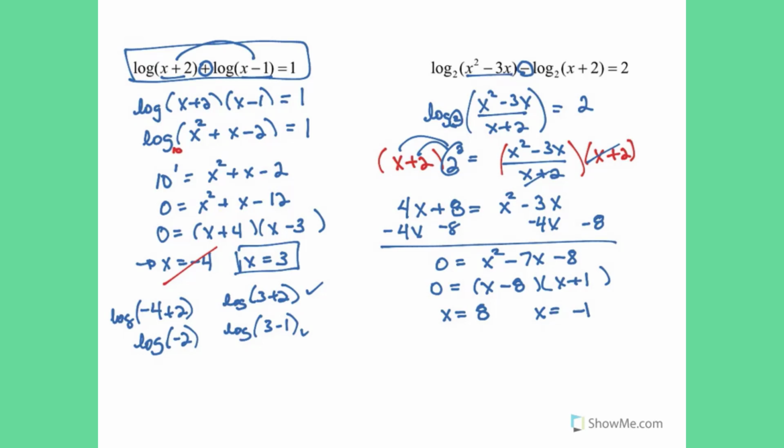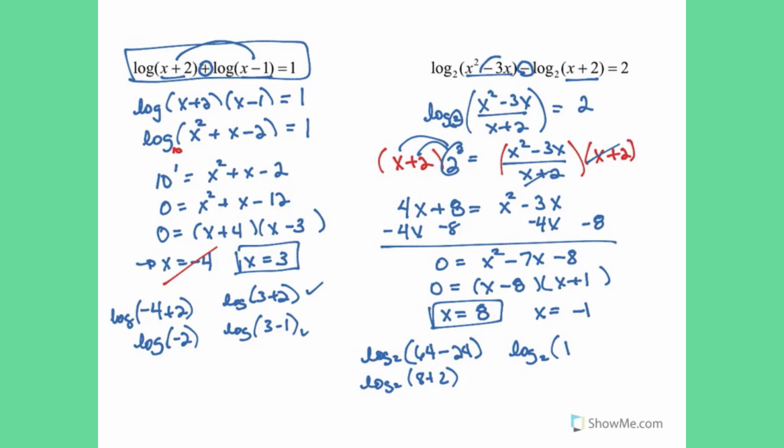I have to check it back into my expression. So I have log base 2 of x squared. That would be 64 minus 3 times 8. So that would be a positive number. And then I need to check it into this, 8 plus 2. That's also positive. So 8 looks good. But what about negative 1? So I have the log of negative 1 squared, so that's 1.